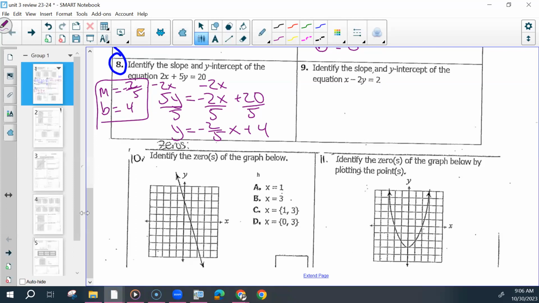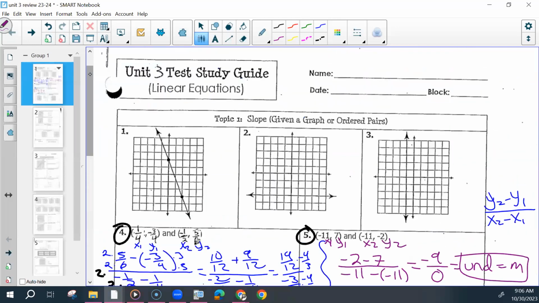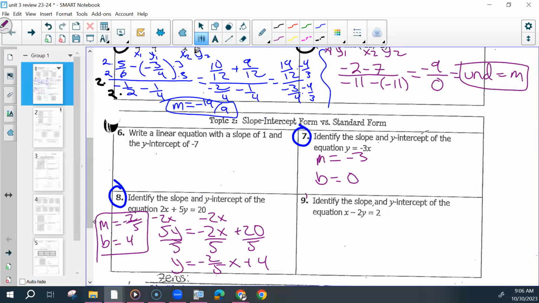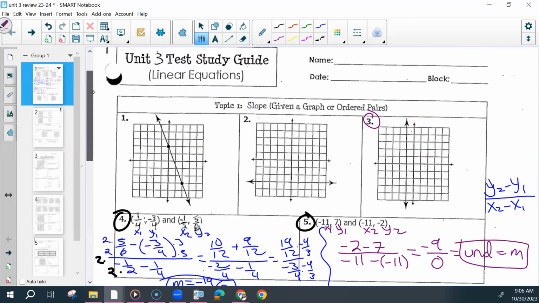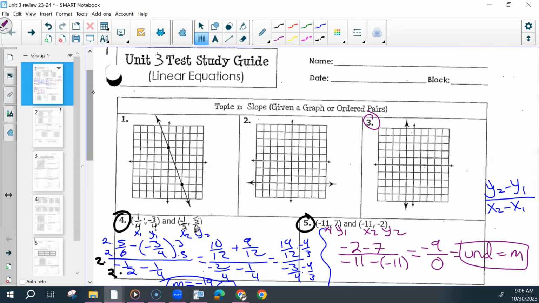Other questions in 1 through 9? Okay, you guys are doing this. So in 1 through 3, you're looking for the slope from the graph.